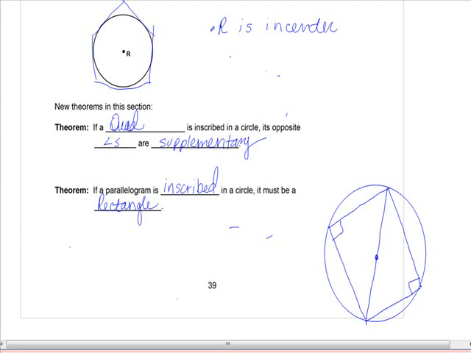So if ABCD is a parallelogram, we know that AC, oops, I can't draw a diameter today. That did not go well. Let's try this again. AC and BD are what type of segments in the circle?